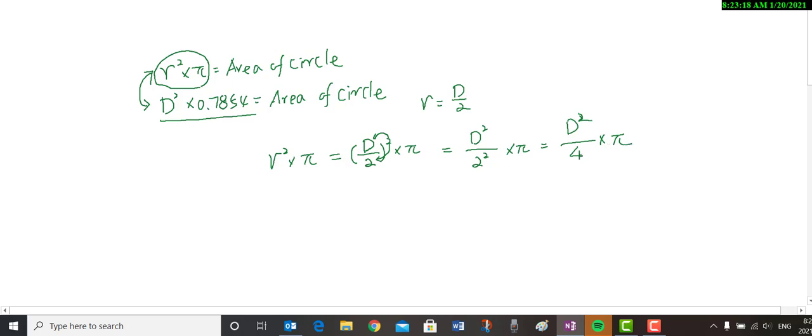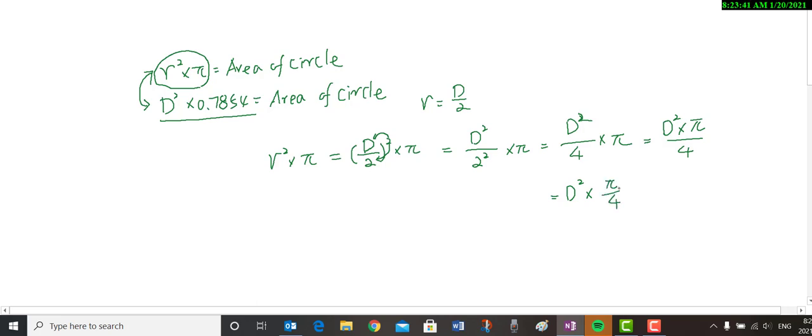Since this is a multiplication of a fraction and a decimal, I can move things around this way: diameter squared times pi over 4. And also I can take it apart this way: diameter squared times pi over 4.